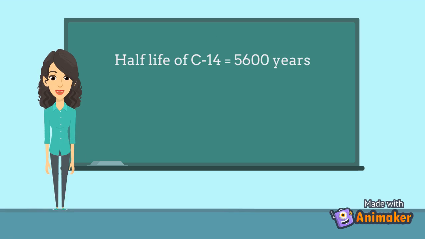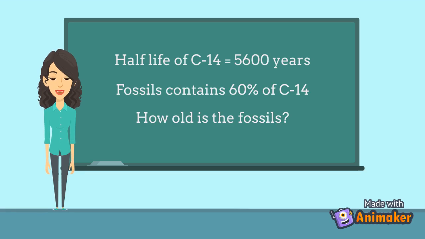Now, let's check how they determine the age of the fossil. As we know, the half-life of carbon-14 is 5,600 years on average. After carrying out so many processes, about 60% of carbon is found in it. So, what is the age of the fossil? Let's find out together.